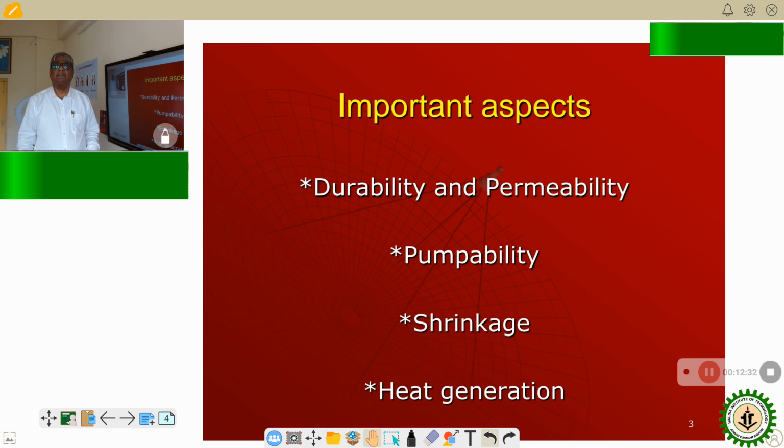You will not get the similar type of concrete at the top. So your total objective is lost. That's why pumpability is so important nowadays. In most of the construction, high-rise buildings, you will find that they are accepting concrete from RMC plants and pumping to the top. So it is a very common affair now. So you have to know.